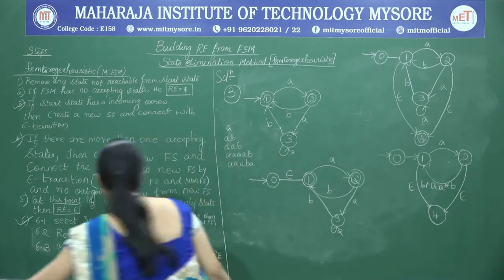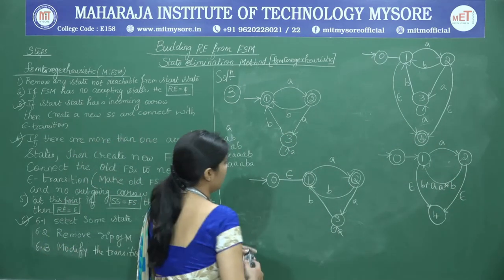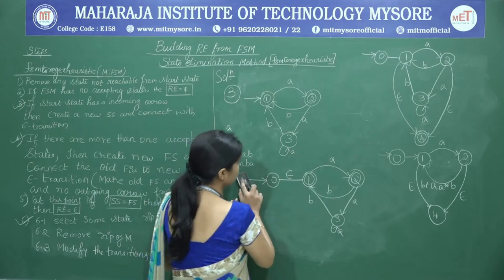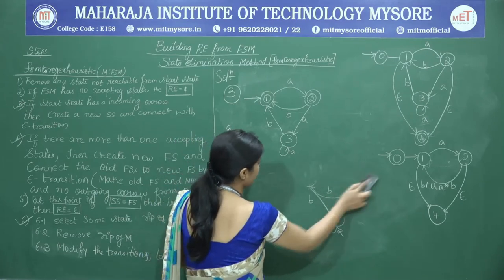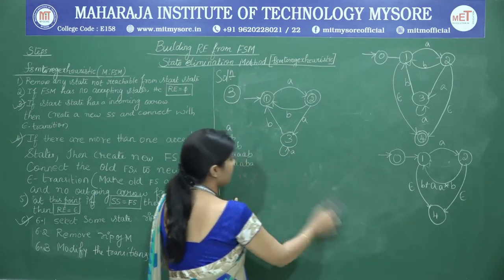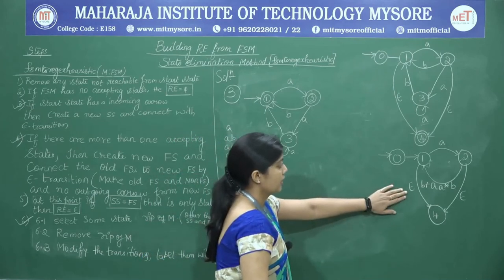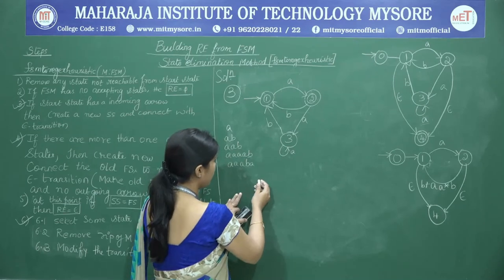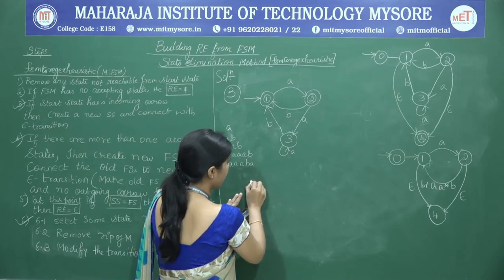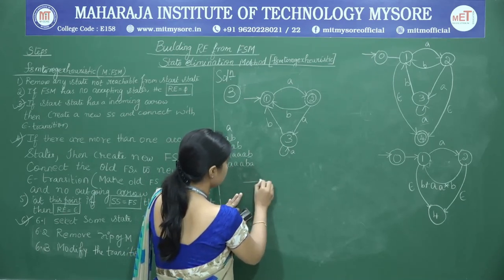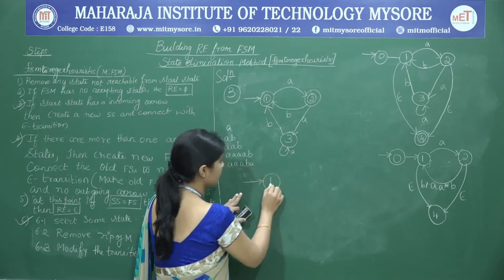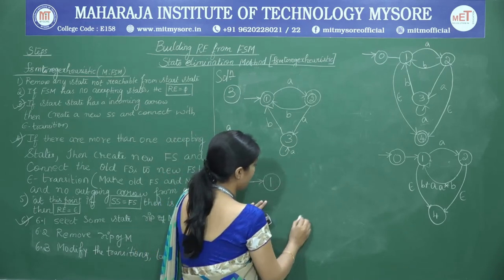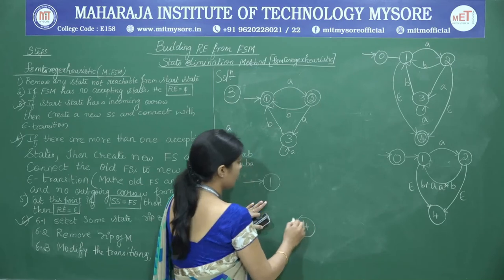Next, we will follow the next step here. Next, what we are going to do is eliminate 2, and 4 will remain.